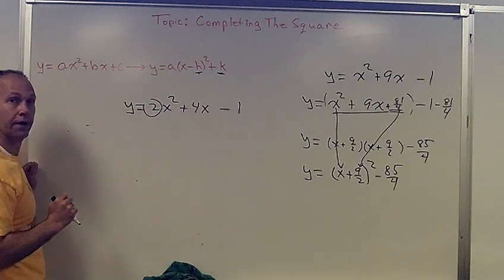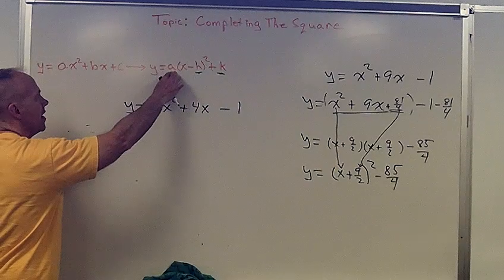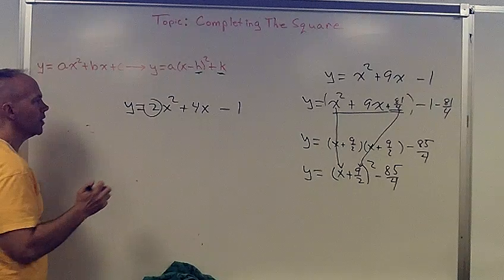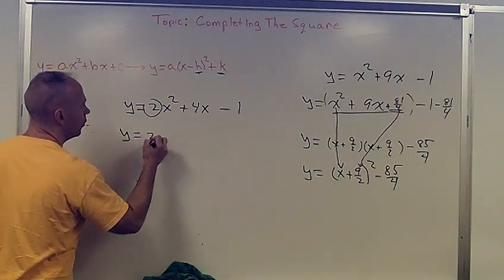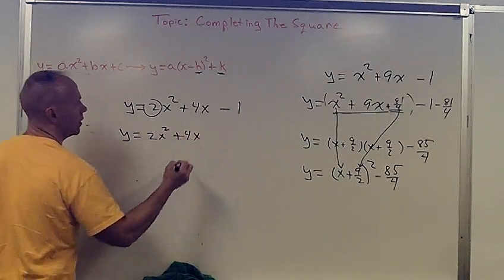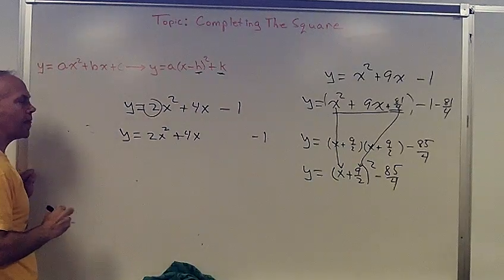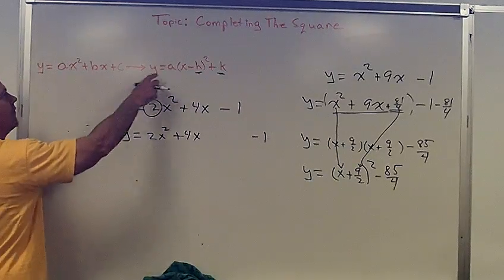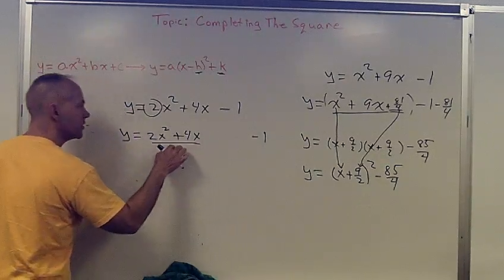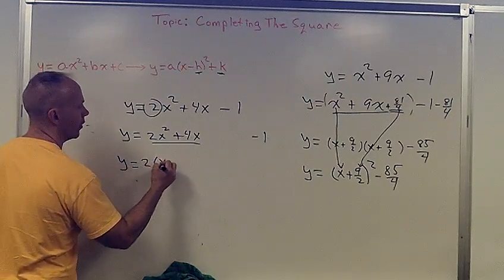Before it's been 1. Well, looking at vertex form, A is factored out in front of that binomial square, isn't it? So what I'm going to do, I'm going to kick that -1 out, like I did before. But now I want to have A factored out. So I'm going to factor it out of just this binomial. So I'm going to pull a 2 out of there.